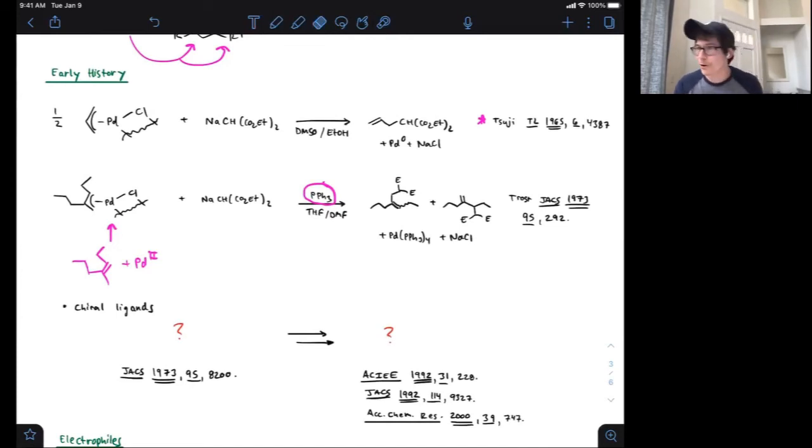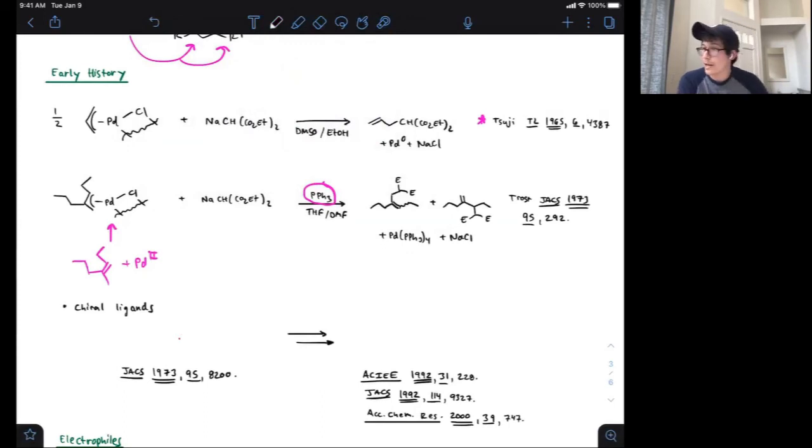And then very early on, Barry Trost's group, as synthetic chemists, appreciated that this transformation would have increased value if it could be rendered enantioselective.